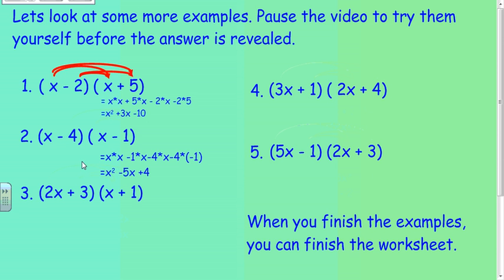Be very careful with the negatives. We end up with x squared, negative 1x minus 4x is negative 5x, and then negative 4 times negative 1 is positive 4.